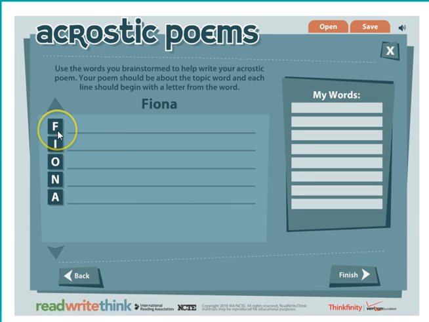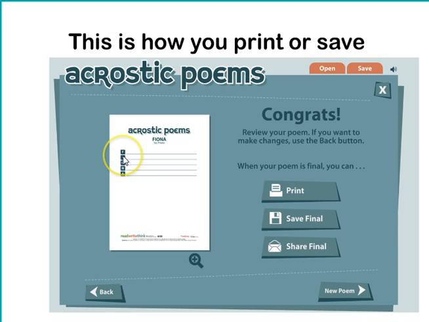So I got the class, a grade 3 class, to do their names and to think of words that started with the letters in their name. It's always a fun type of poem to use, an acrostic poem. When you finish, this is how it would look when you wanted to save. You'd get your name and you'd get all the words that you wrote for your poem, and you'd either print it or save it or email it.